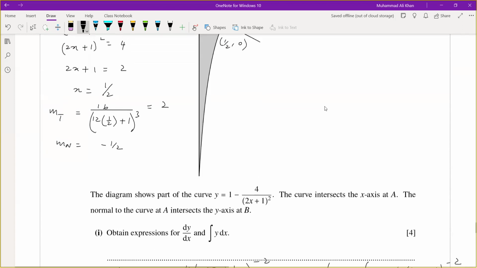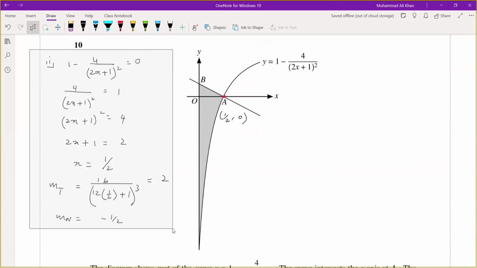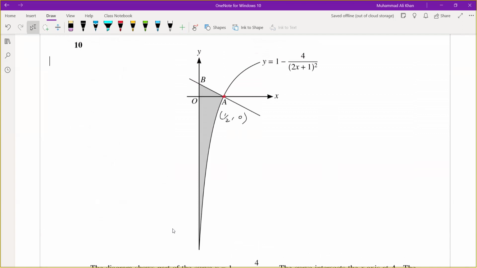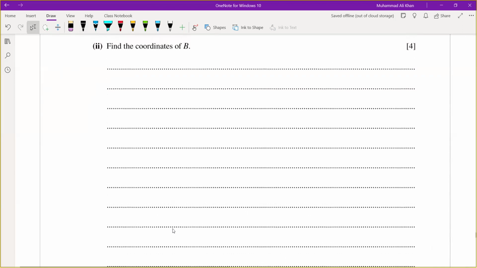अब हम कोऑर्डिनेट यूज करते हुए हाफ एंड 0 और ग्रेडियंट यूज करते हुए माइनस हाफ कैलकुलेट कर सकते हैं इक्वेशन ऑफ नॉर्मल. यहां पर इक्वेशन ऑफ नॉर्मल हम कैलकुलेट कर रहे हैं.